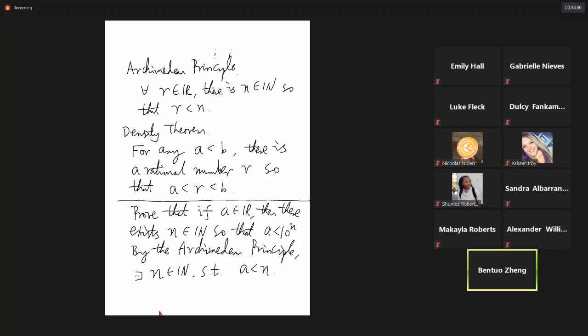And then how should we proceed? Okay, so this is the statement of the Archimedean principle. You can find a natural number n greater than a. What's next?